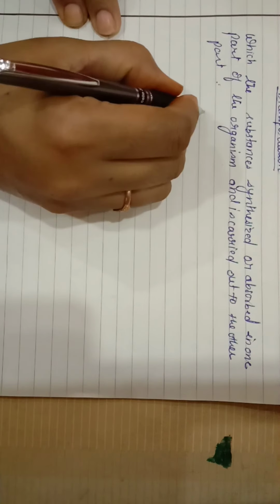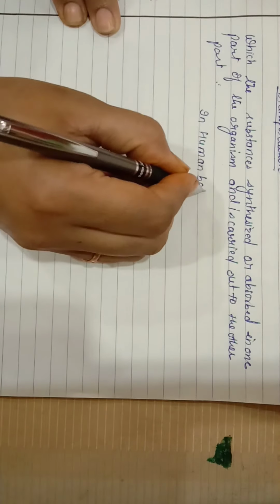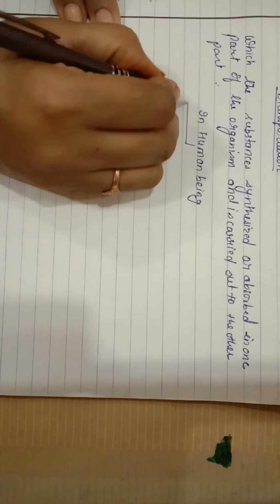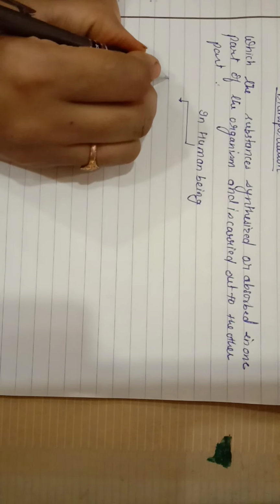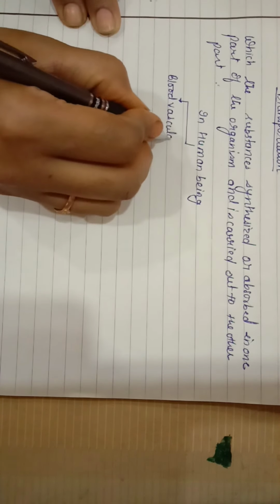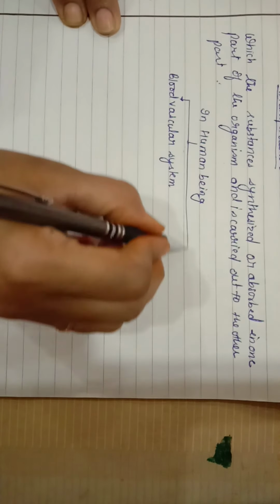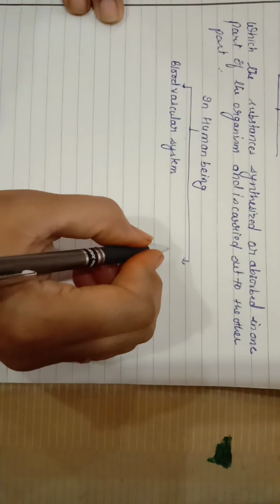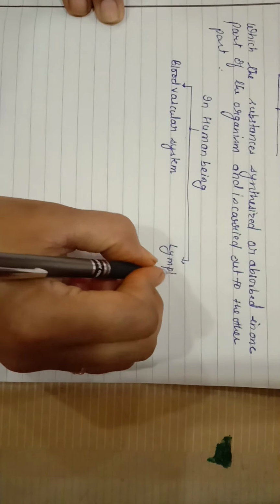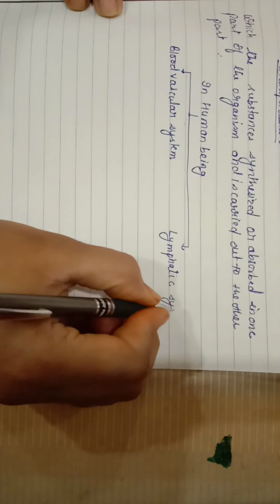In human beings, this transportation is carried out by two means. The first one is the blood vascular system, and the other way of transportation is the lymphatic system.